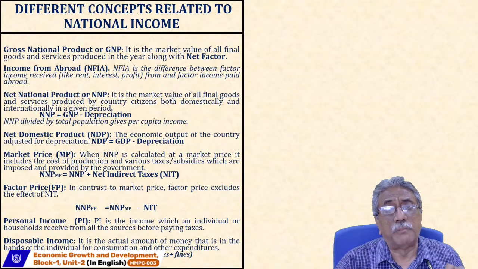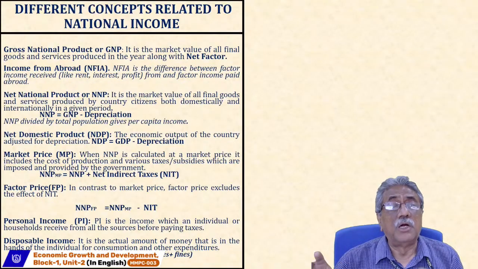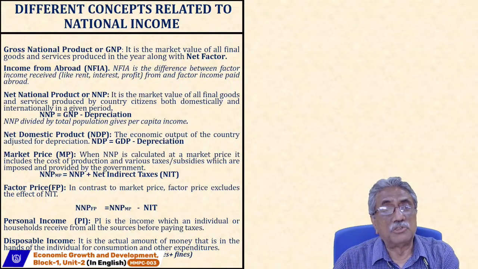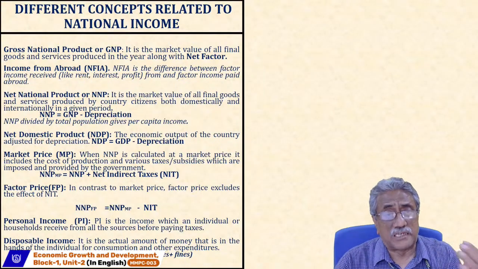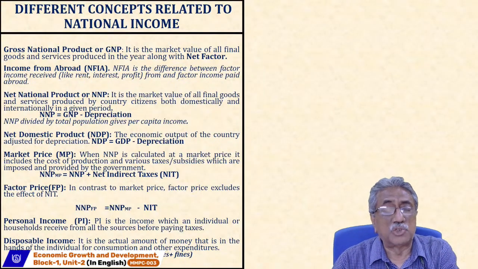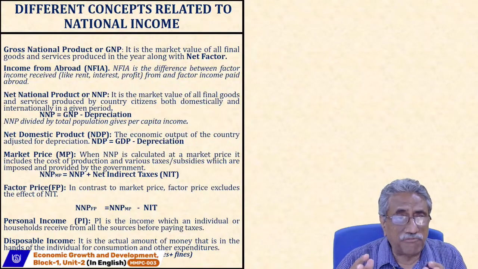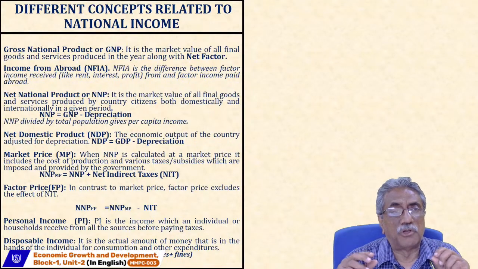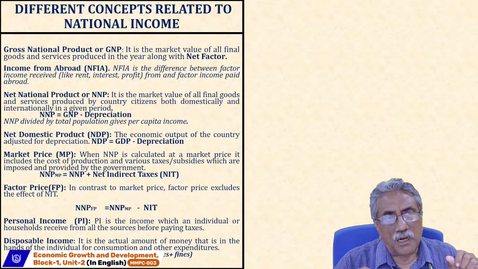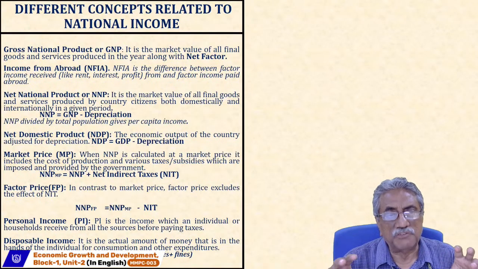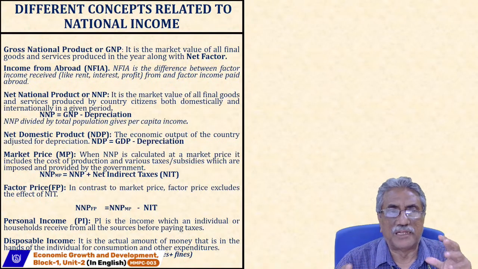A lot of people have gone to Dubai, or we have embassies, etc. We have invested outside, so this interest and profit are coming to India. At the same time, foreigners are investing, and that is going abroad. So net factor income from abroad, if it is positive, then it is added. If it is negative, then it is subtracted.